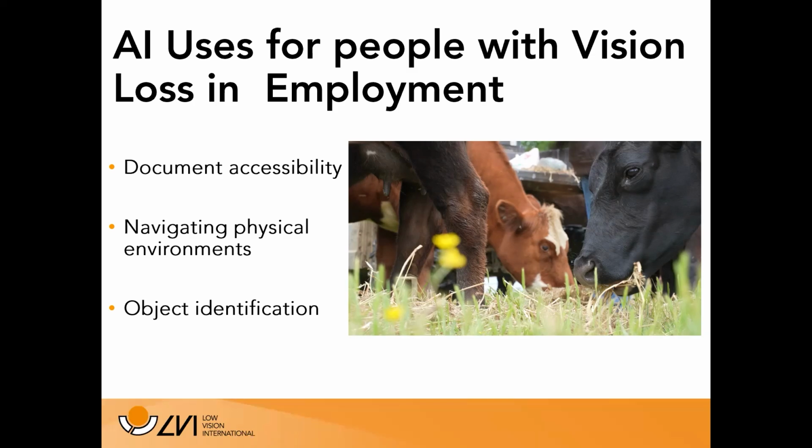Document accessibility. I was actually talking with a friend and customer the other day who is a vocational rehabilitation counselor here in Tennessee, who has a vision impairment, and we were talking about her uses for AI and how she might improve her efficiency with using AI.